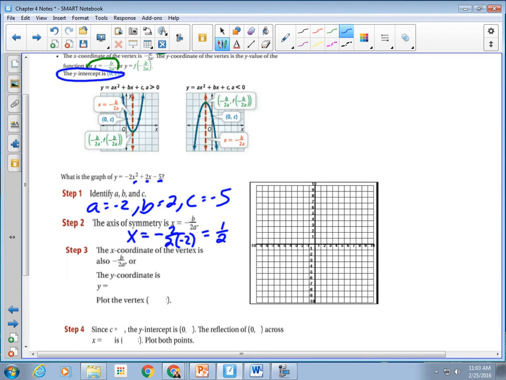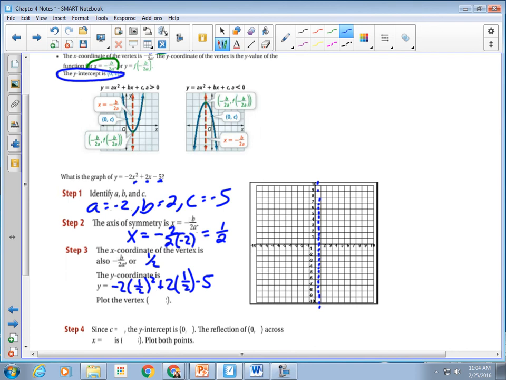So I'm going to put that on the graph. X equals positive 1/2. That's a dashed line. That's our axis of symmetry. The x-coordinate of the vertex is also negative b over 2a, or in our case, 1/2. The y-coordinate is whatever our function is when we plug the 1/2 into our function.